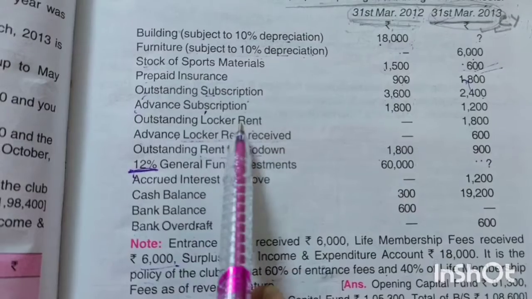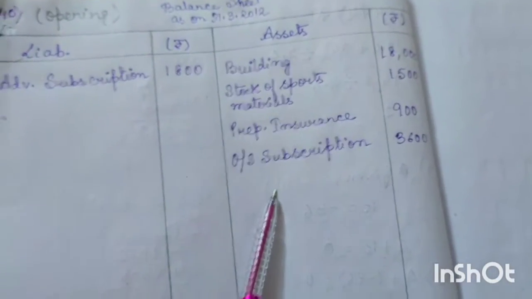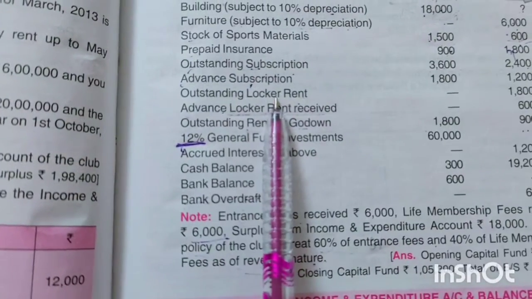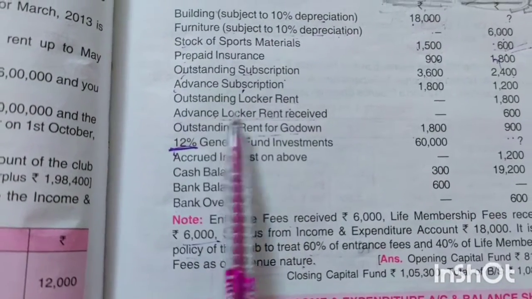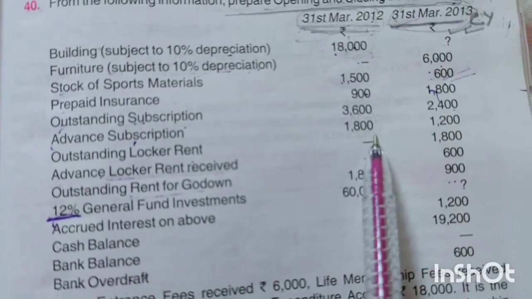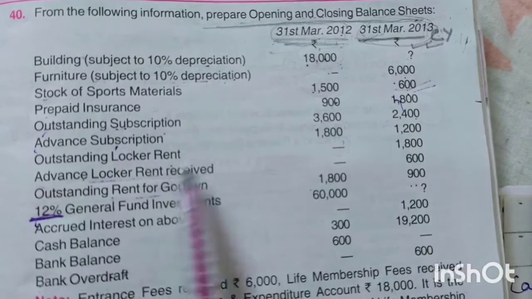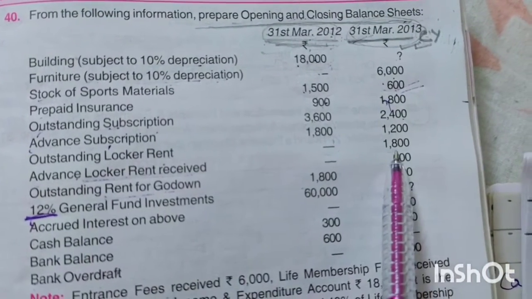So any income which is outstanding, still due, that is treated as assets. Okay, so here locker rent is outstanding, means you have not got the income, so it will be treated as assets. But see here, in the opening we don't have any outstanding for locker rent, only in the closing balance sheet we have the balance.